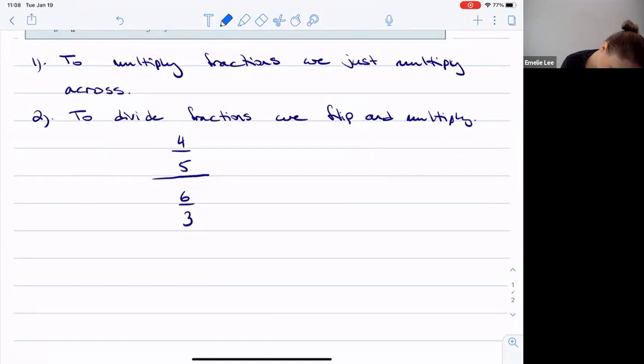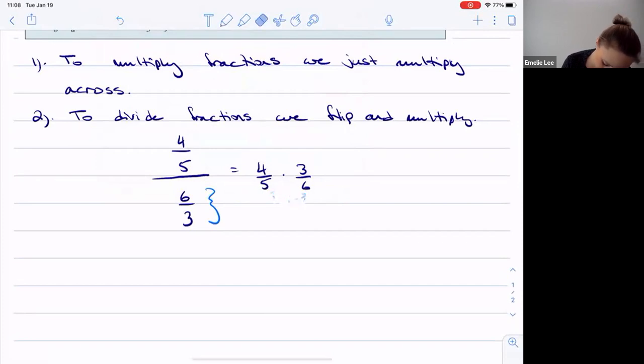So this gets flipped, and this becomes 4 over 5 times 3 over 6.